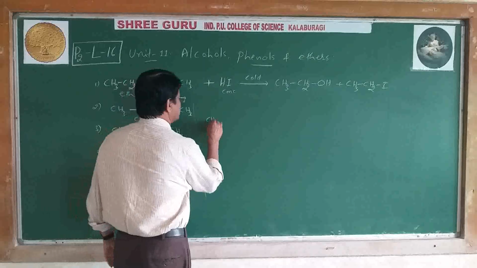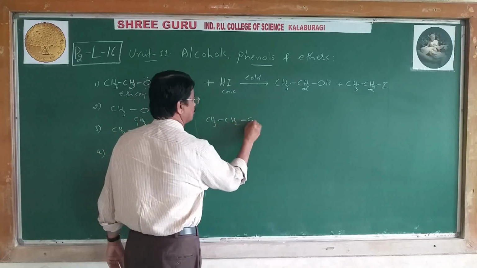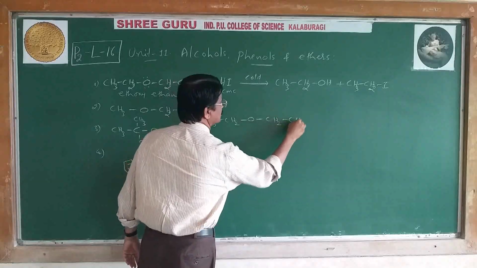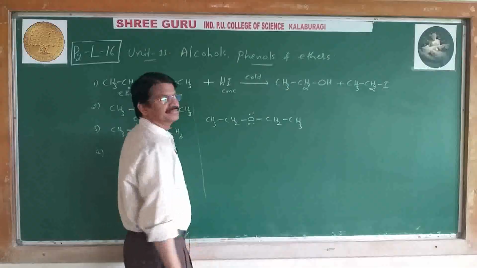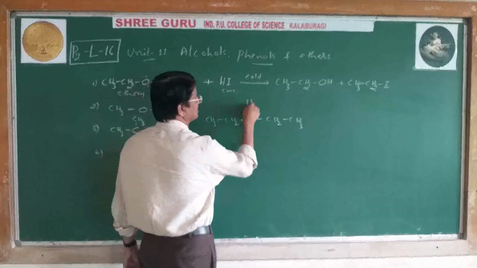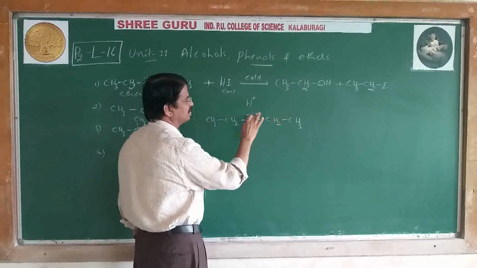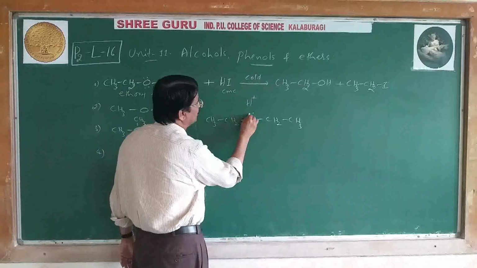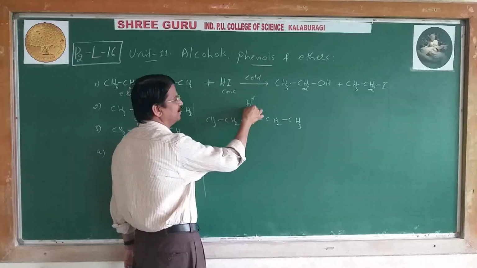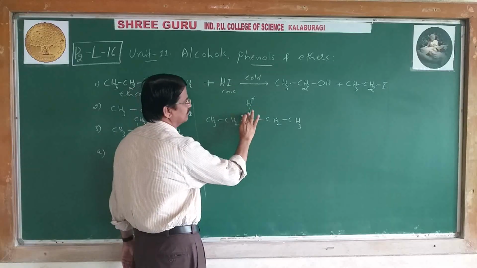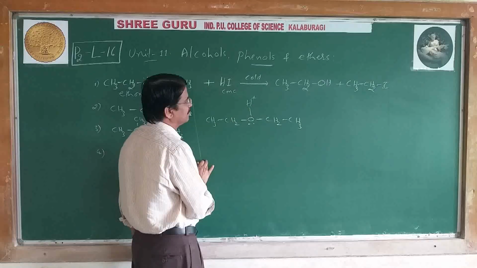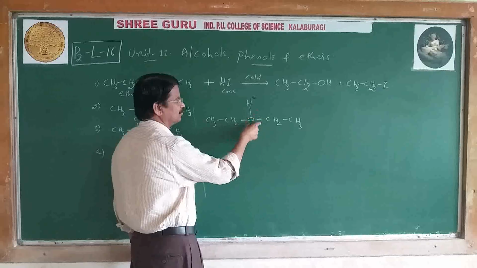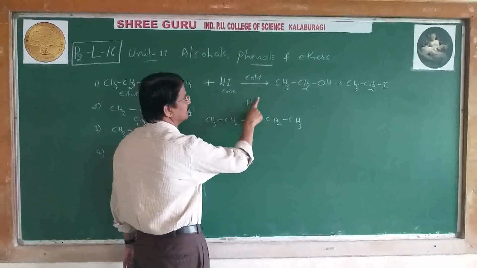First, CH3CH2OCH2CH3 and H plus of HI. The electron pair of ether can form a salt, which means the ether molecule is protonated.